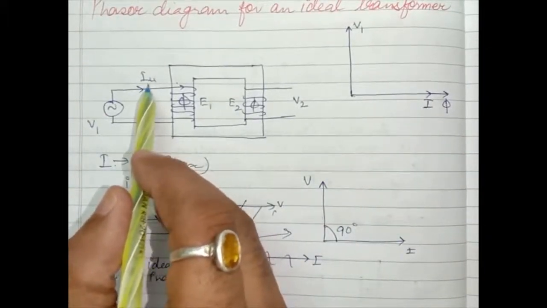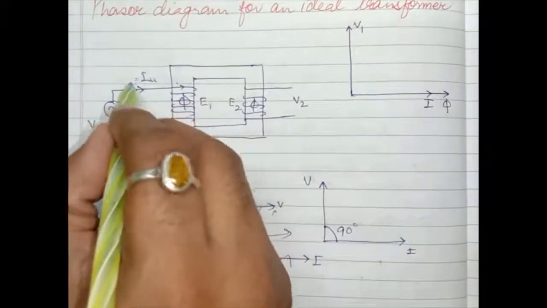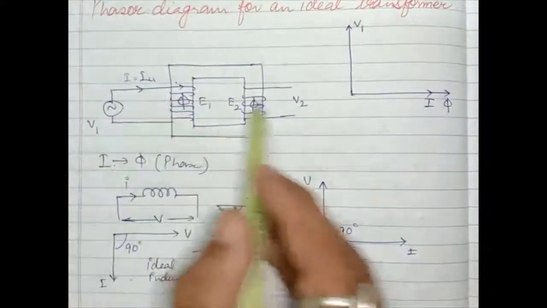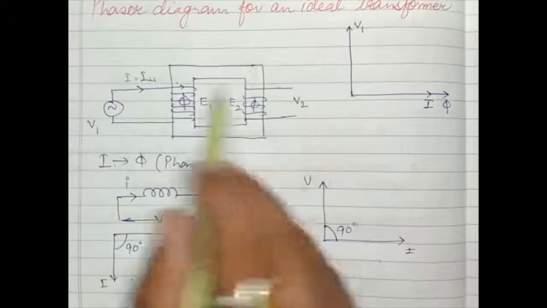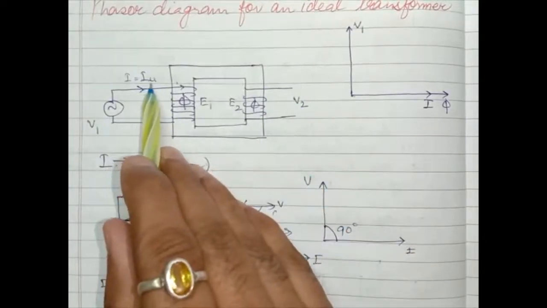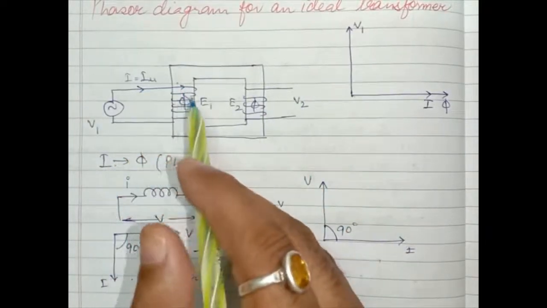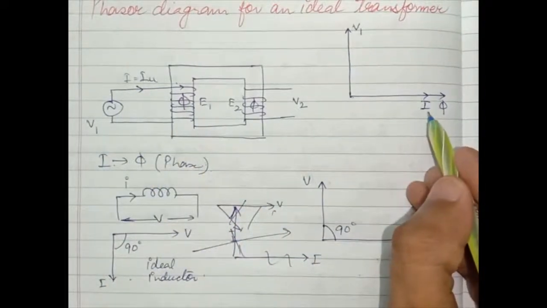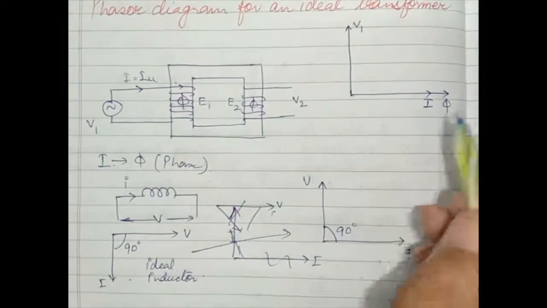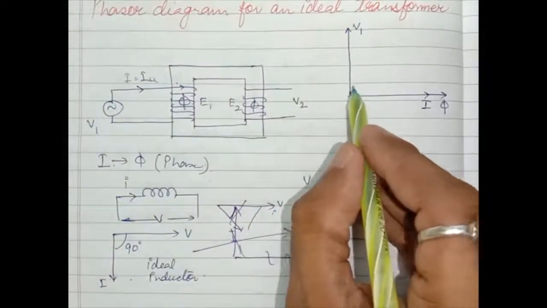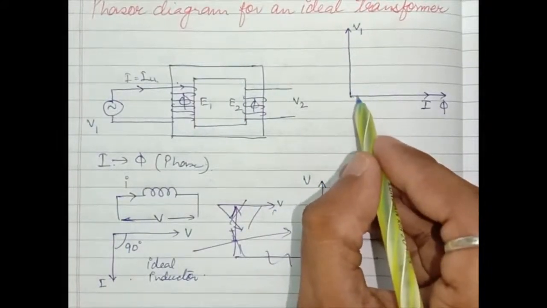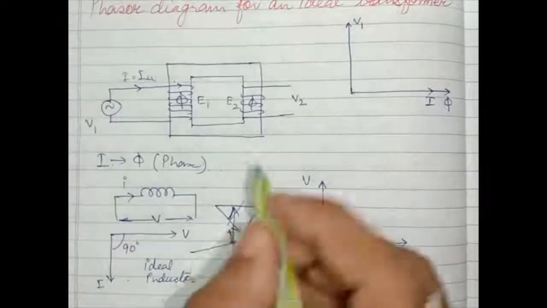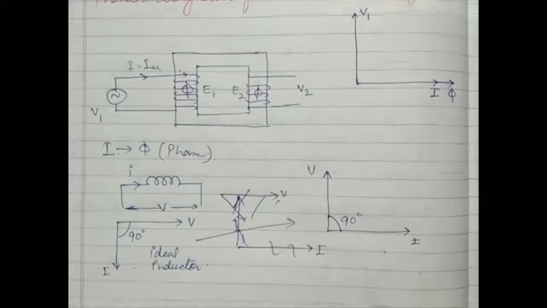Because the load is not connected and we are not considering losses, I is equal to I mu. So right now we are considering it as I. So it has an angle of 90 degrees.